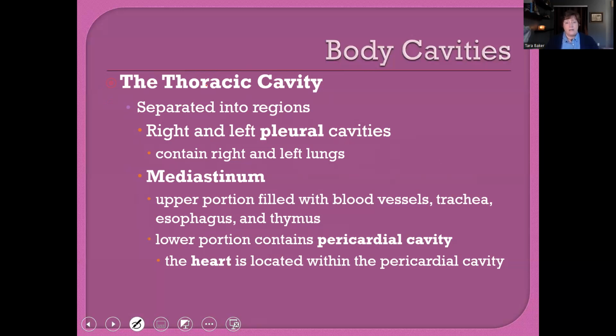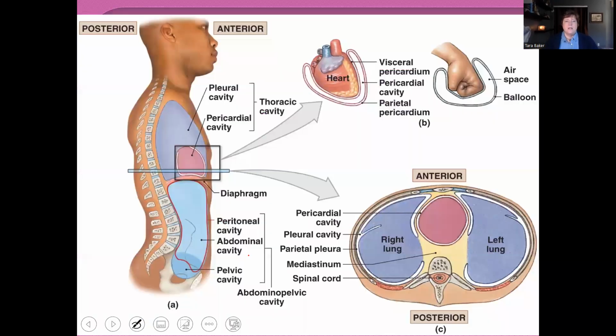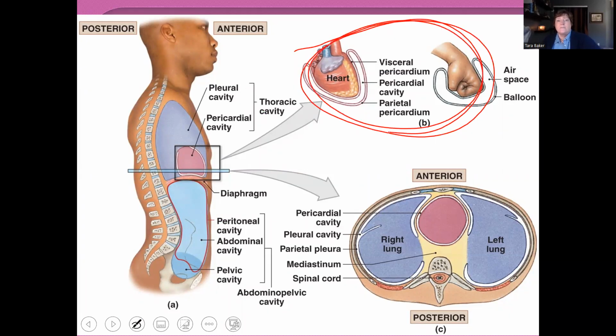The pericardial cavity is where your heart's located. So first of all, let's look up here at the upper right-hand side. Here's your baggie, and it's wrapped around the heart. The inside layer is called the visceral pericardium, and the outside layer is called the parietal pericardium.